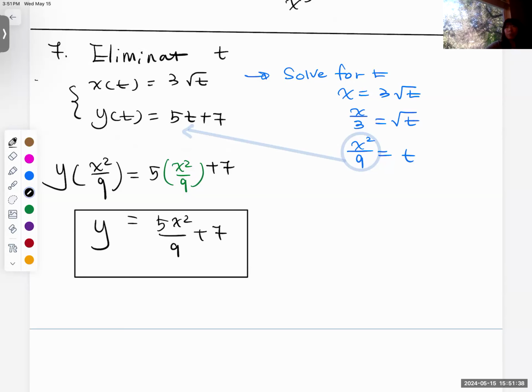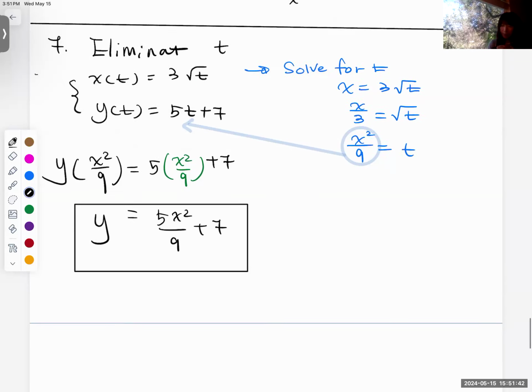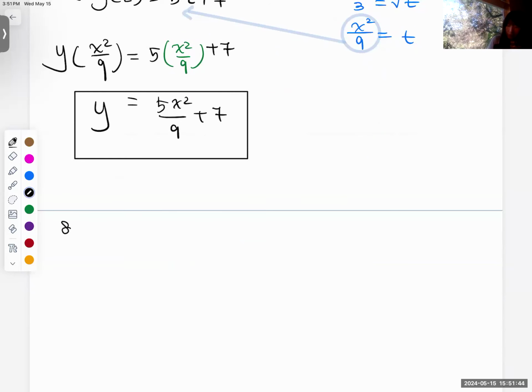Okay. Number 8. Almost done. So find exact slope. So exact means fraction, not decimal.